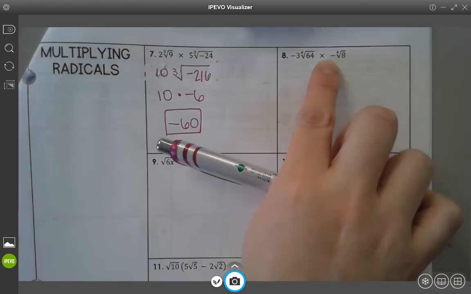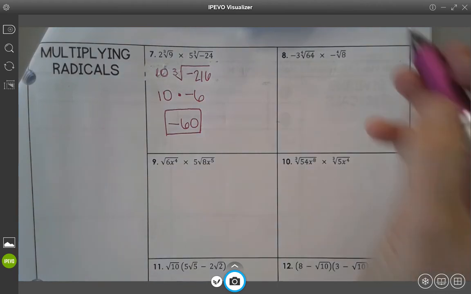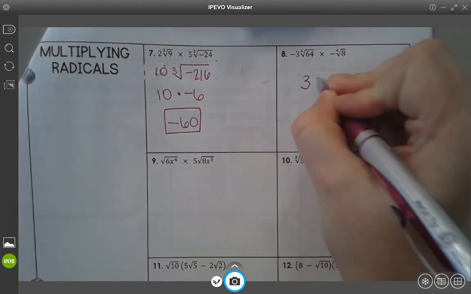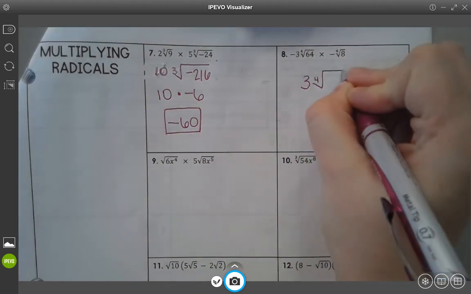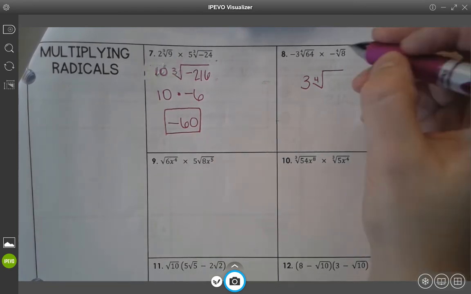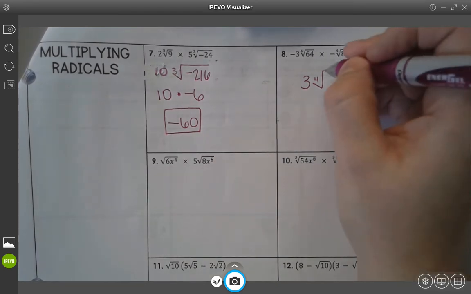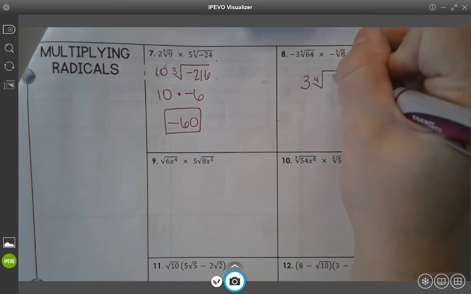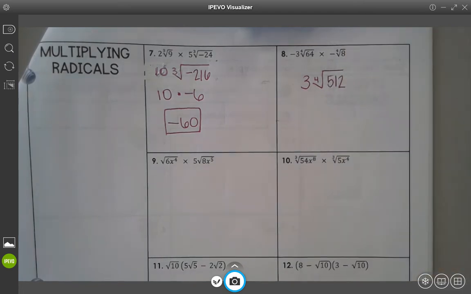Number 8, we've got negative 3 times negative 1, which is positive 3. Fourth root of what? 512. Okay.